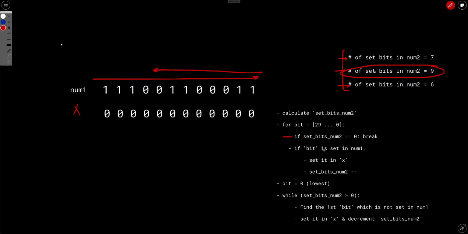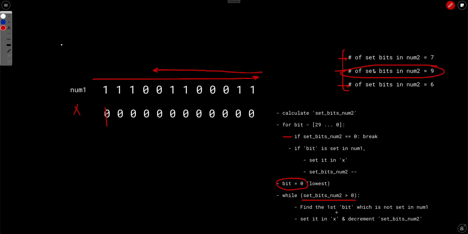Otherwise, we'll check whether this bit is set in num1. If it is set, we will set it, right? So that's what we have done. If this bit is set in num1, we set it in x, and we decrement the required number of bits to be set. Now after this, we start from the right. So we initialize our bit to 0, and then we keep on checking whether there are still some bits to be set.